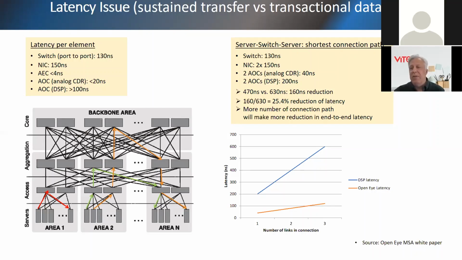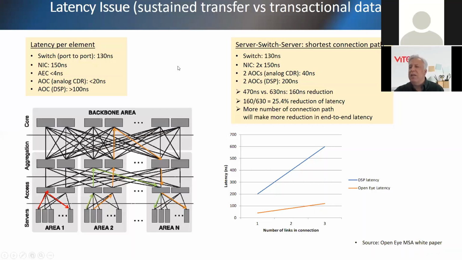So if you care about latency, it's not just the latency of your switch or your network interface card, but it's also the latency of your pluggable. And when you're talking about connection paths, especially with transactional data queries where you have to query something, wait for an answer, and then process it, and you're doing parallel processing, all those latencies add up.